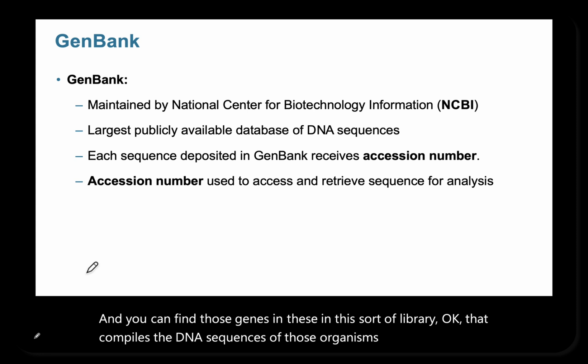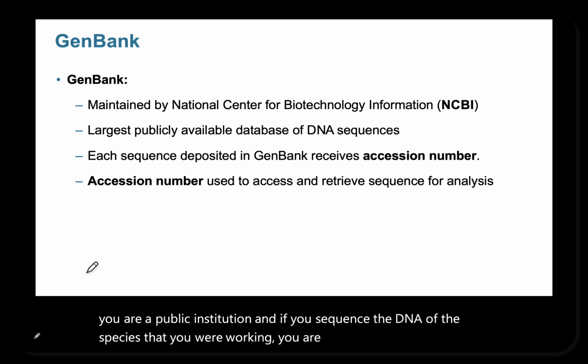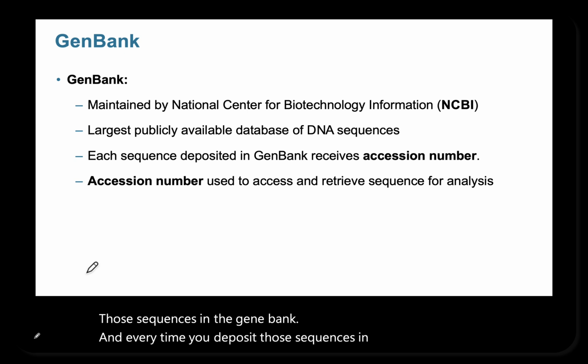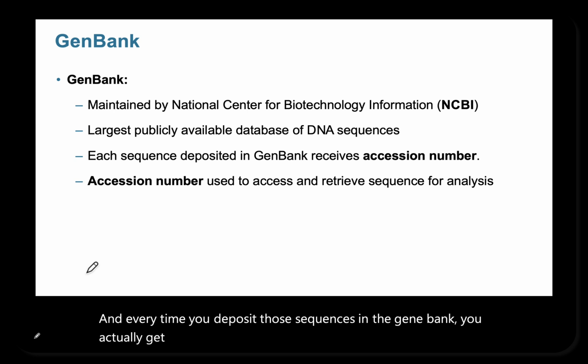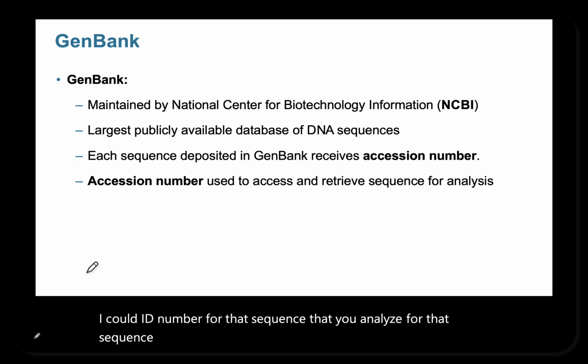And honestly, if you are a public institution and you sequence the DNA of the species that you are working with, you are required to deposit those sequences in the gene bank. And every time you deposit those sequences, you get an accession number, which is like an ID number for that sequence that you identified, okay?